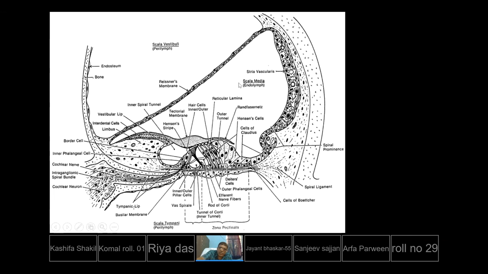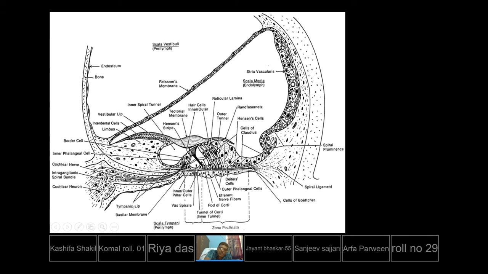The lateral one, which is vascular, is called the stria vascularis. This is the basilar membrane, and this one is Reissner's membrane. So it is triangular in shape on cross section.